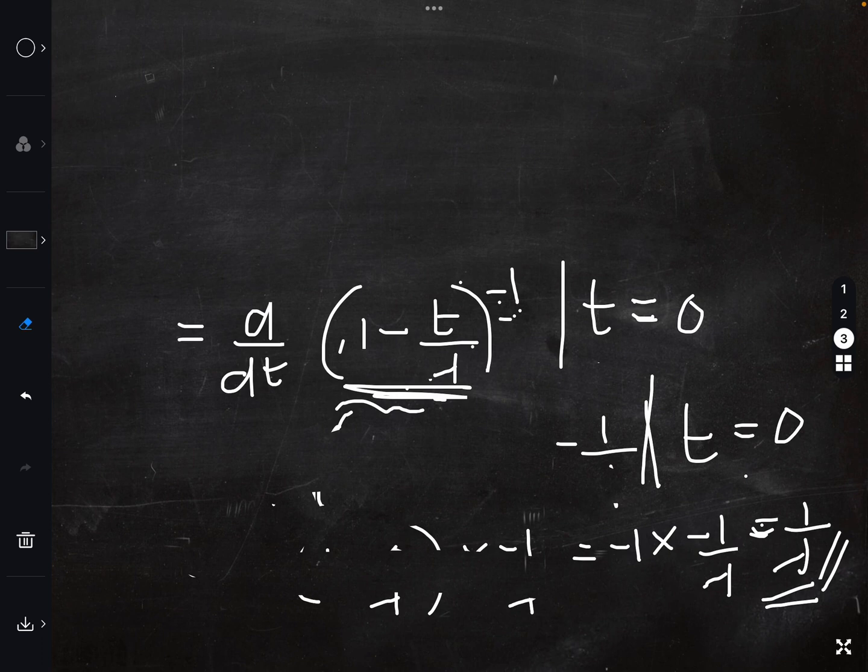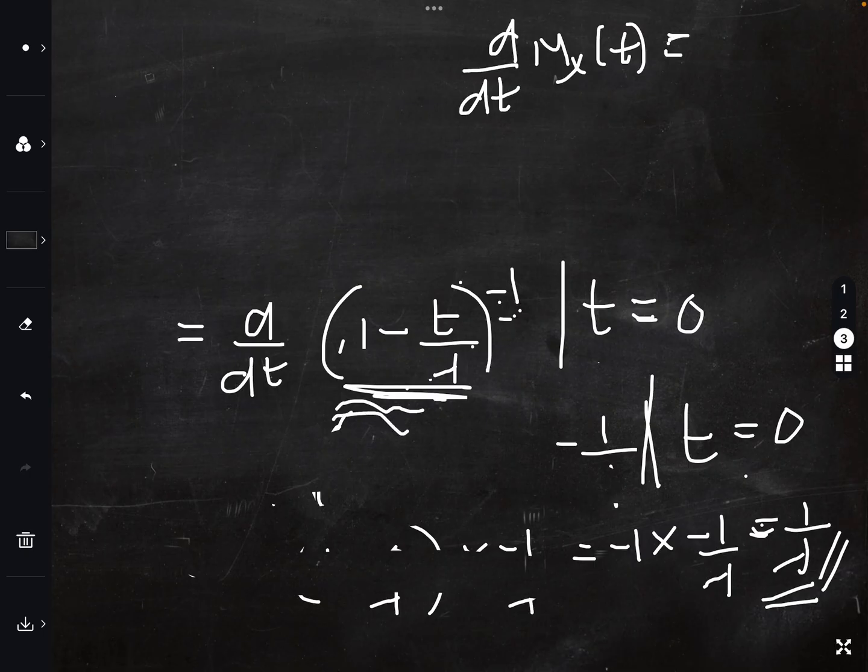Okay, we get d by dt of Mx of t is equal to, this we have already found.